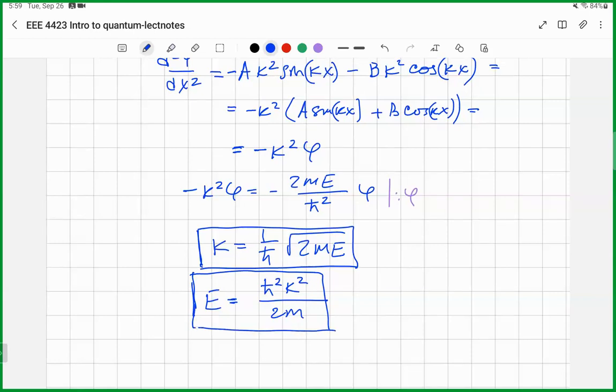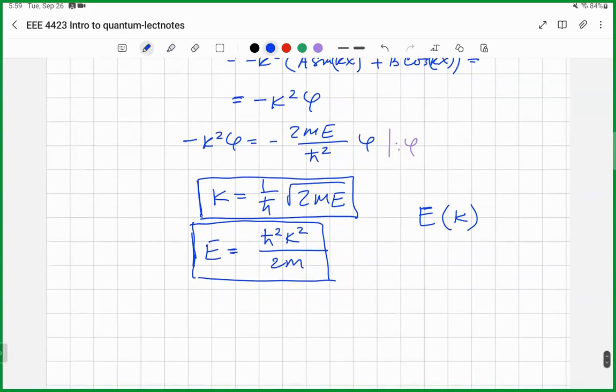So we notice that energy and wave number k are connected to each other, and this connection, by the way, this dependence of energy on k and vice versa, is the dispersion relation.